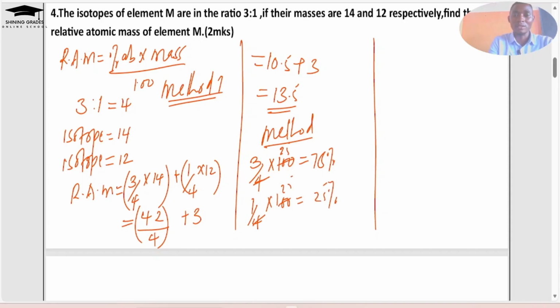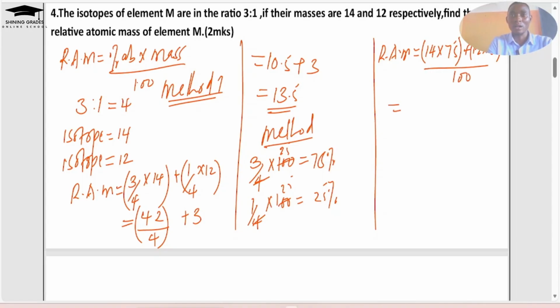So once I have this, I can now find the relative atomic mass, which is given by 14 times 75, plus 12 times 25, then I divide by 100.